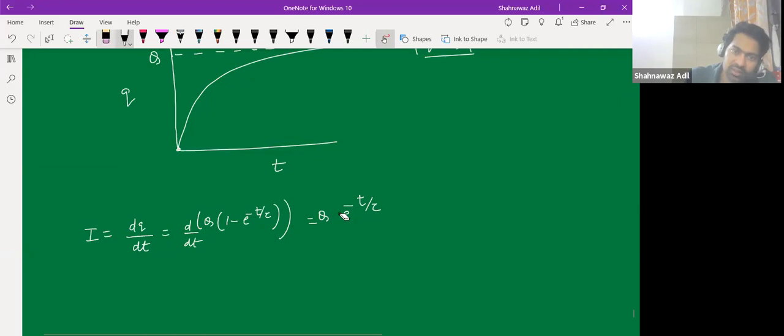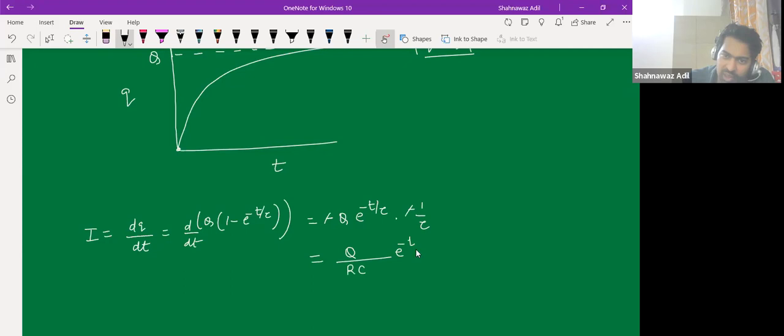When we differentiate this, this will be Q, minus e to the power minus t by tau, and then minus of 1 by tau. So minus minus cancel, and Q by tau, where tau is RC, gives Q by RC times e to the power minus t by tau. So this is I naught e to the power minus t by tau.